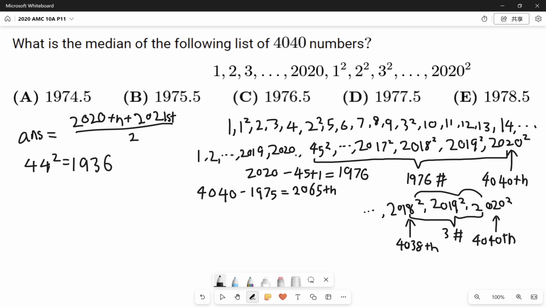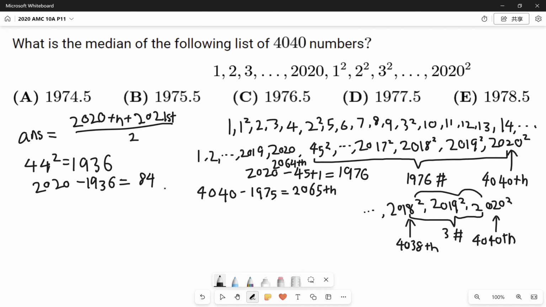So we know that 2020 is the 2064th number, right? Because the number after that is the 2065th number. From 2020 to 1936, 2020 minus 1936, how many jumps do we need to get from 2020 to 1936?